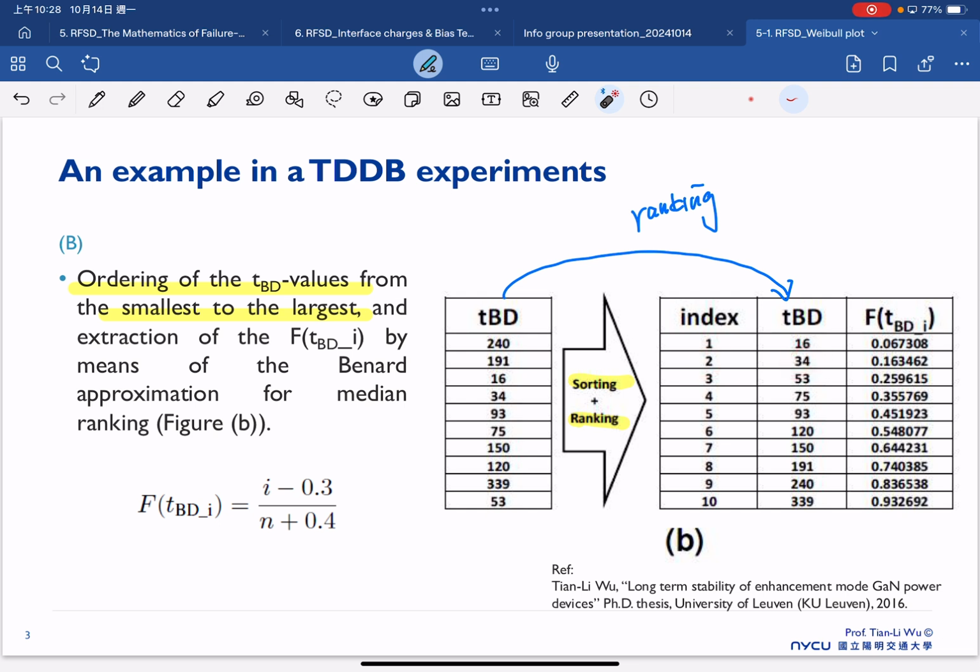The purpose why we need to put index is because, based on the Bernard approximation, the I is the index and the N is the total value. If you test 10 and all 10 fail, then N will be equal to 10, the total testing case.